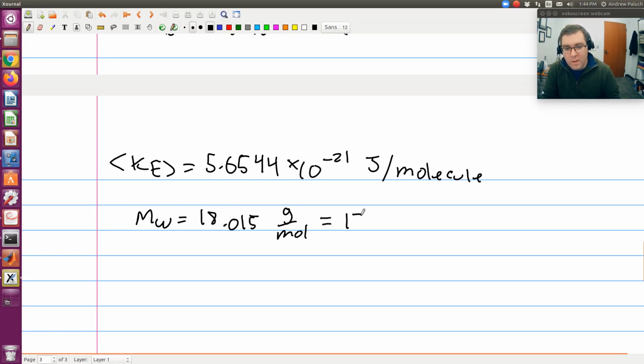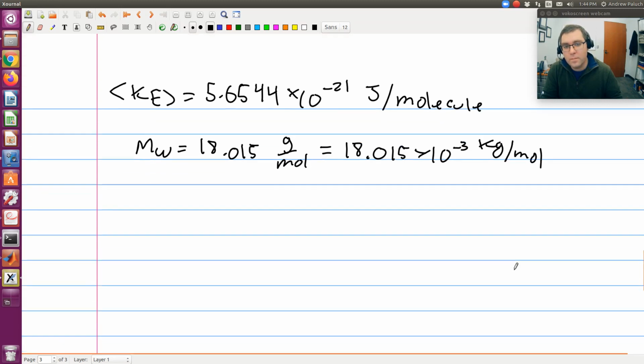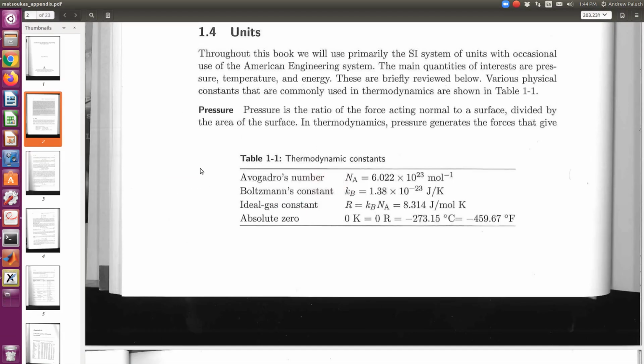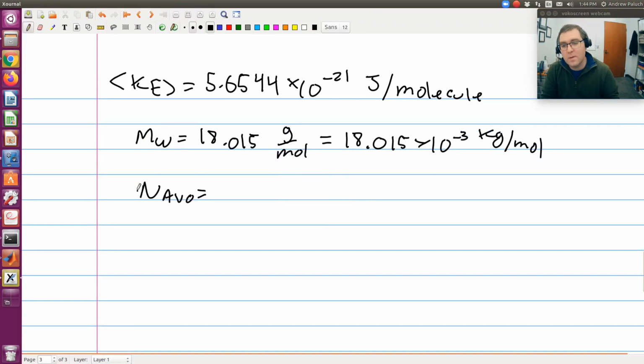Or equivalently, 18.015 times 10 to the negative 3 kilograms per mole. Then N Avogadro, which is 6.022 times 10 to the 23.